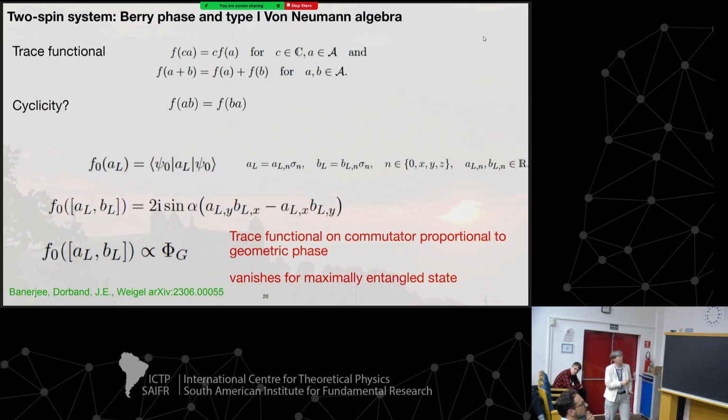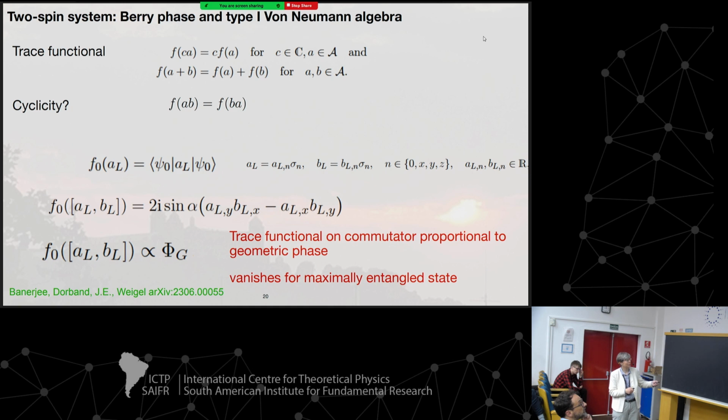Okay, so now what's the relation to the type 1 von Neumann algebra? We want a trace functional. This means we want some linear functional with these properties. So this curly A is the von Neumann algebra, and we want a particular functional that's cyclic, so that satisfies this relation here. Now we want to define this for our quantum mechanical system.